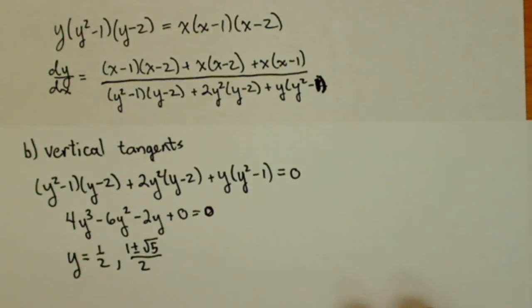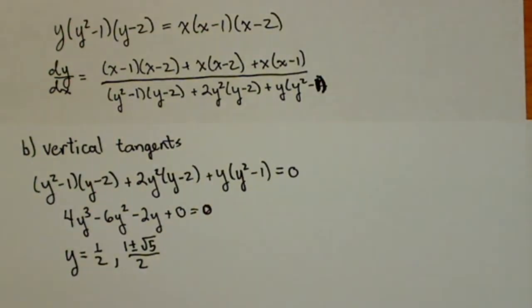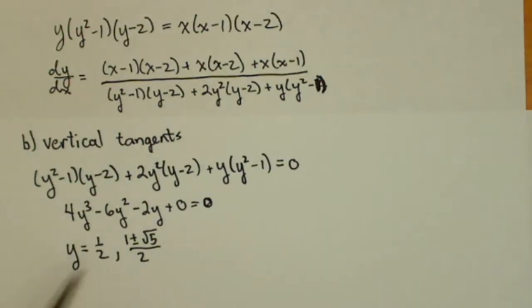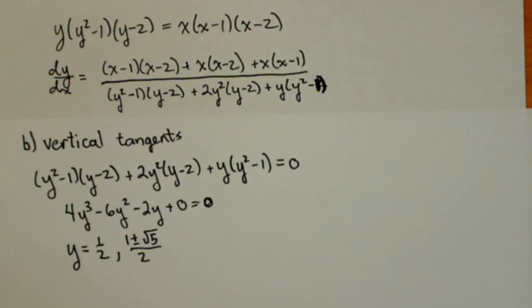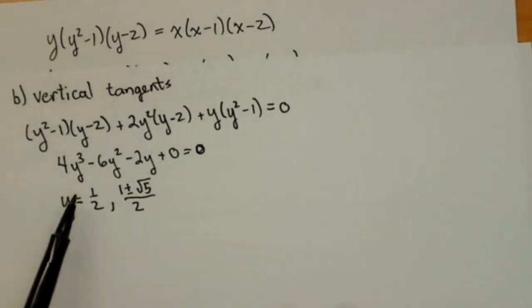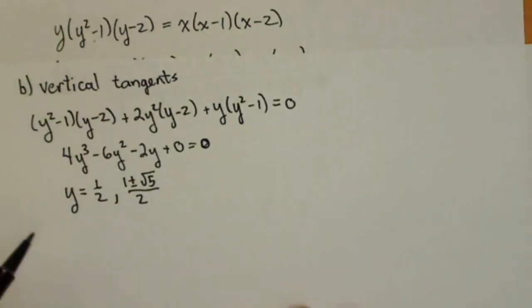Now we do need to find the corresponding x values. So let's talk about how to do that for 1/2, and it's going to be similar to what you do for the other two y values. We're going to need to use the original function with y equal to 1/2.